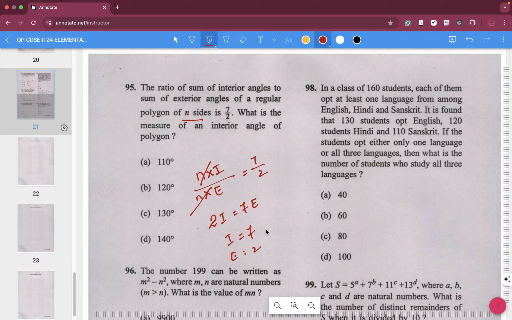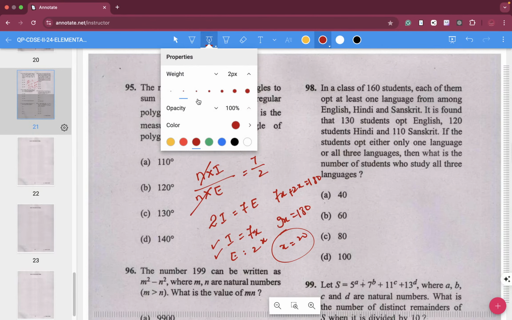You also know that interior angle plus exterior angle is always 180 degrees. So 7x plus 2x is equal to 180, which means 9x is equal to 180, so x is equal to 20.